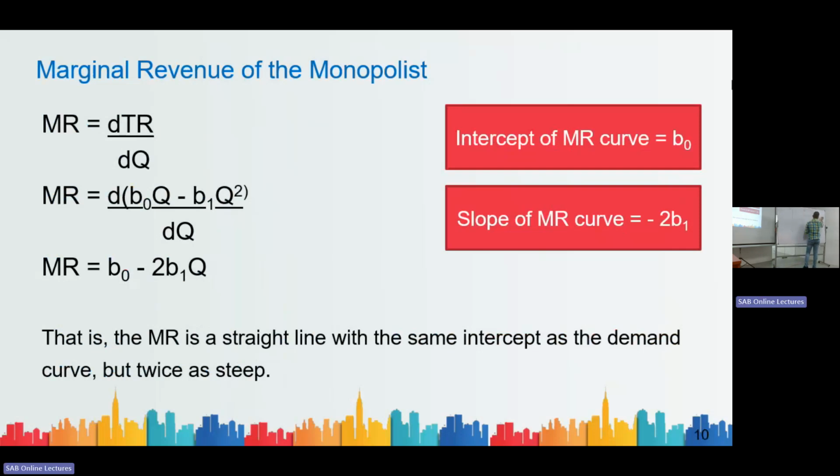It's 0.4. It's twice steeper than the demand curve. MR equals 10 minus 0.4 into Q. And there is no change in the intercept. Here it's the vertical intercept.